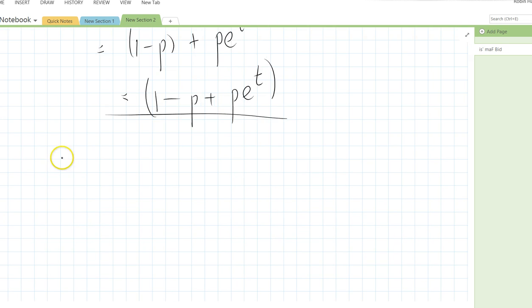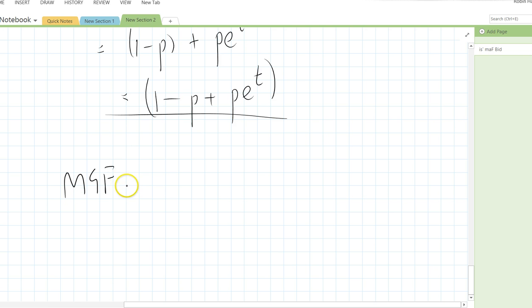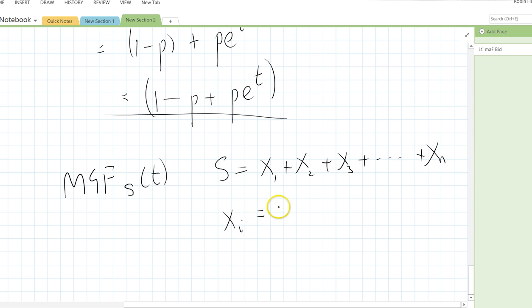Now what we're going to do is work out the moment generating function for S, where S equals X1 plus X2 plus X3 plus dot dot dot plus Xn. And each one of these is Bernoulli with probability p, and the Xi are independent.